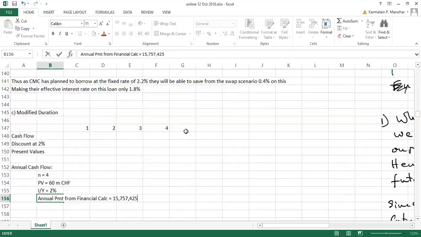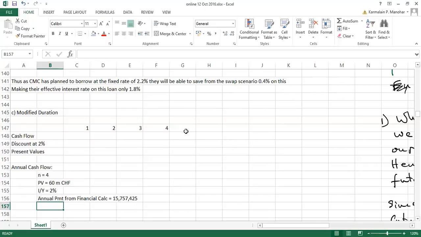Right? Did anyone else get that using their calculators? Punch those and punch compute payment. Yes, excellent. Now, of course, you have to watch out for your decimals. If you use the full 60 million, you will still be very good. I just used the 60 and had all the decimals.